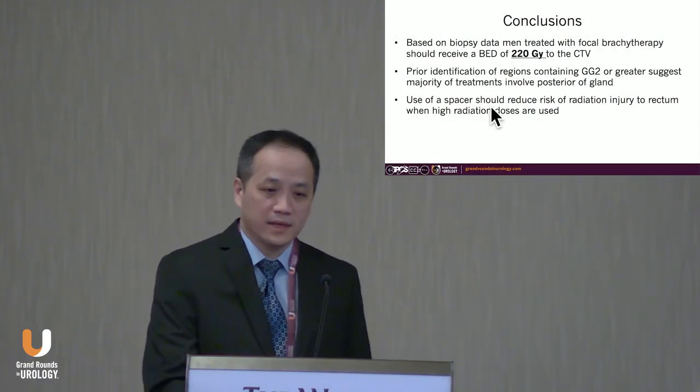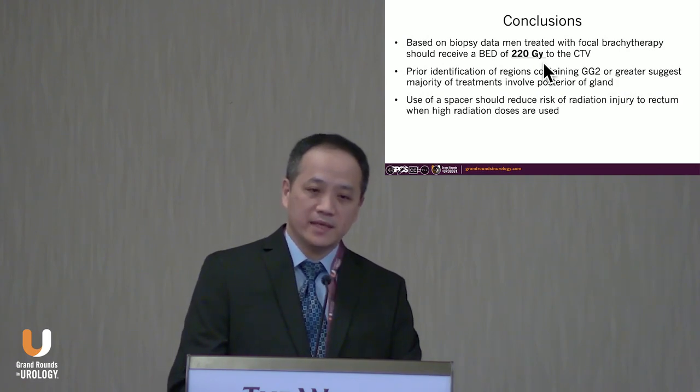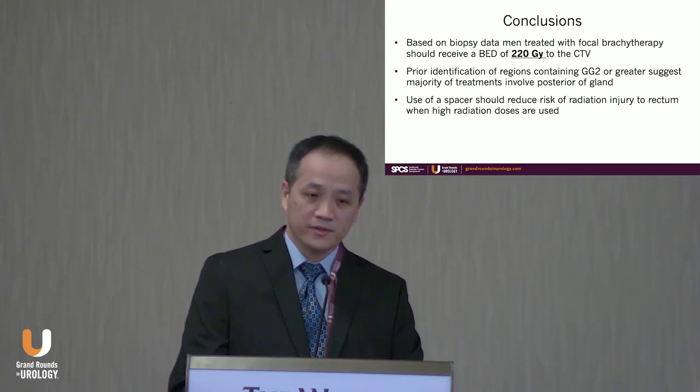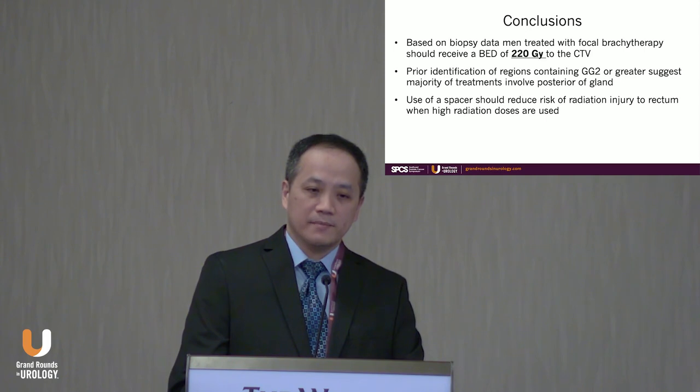So in conclusion, based on the biopsy data, men treated with focal brachytherapy should receive a BED of 220 gray to the CTV. I have shown what physical dose we should prescribe if you're using a different isotope. The prior identification of regions containing Gleason score 2 or grade group 2 suggests the majority of treatment involves the posterior of the gland.